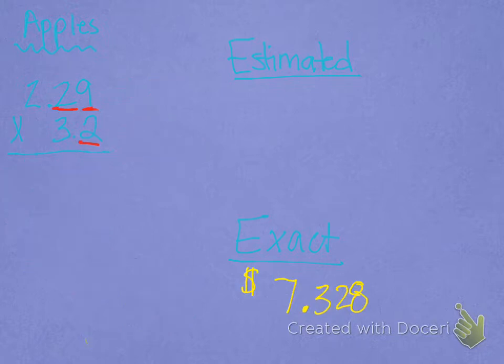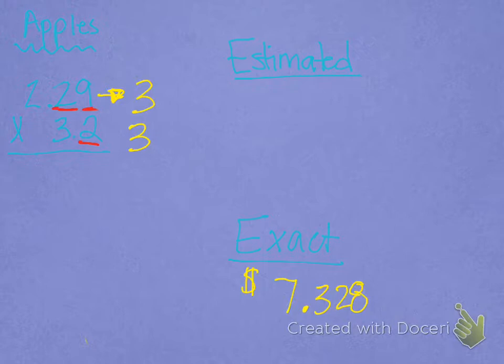So for my estimated cost, I would have to just round. So I would need to say, is $2.29 closer to $2 or $3? Closer to $3. Then I would say, is 3.2 closer to 3 or closer to 4? Closer to 3.